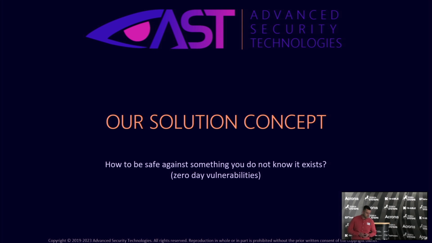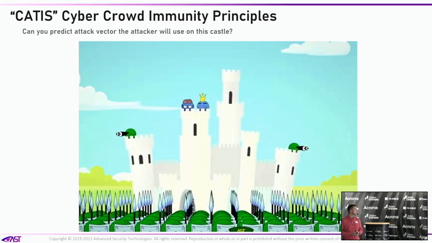So our solution: how can you protect against something that you don't even know exists, a zero-day vulnerability? I need your help for this, to tell me what your plan or strategy would be to attack this castle. Anyone?